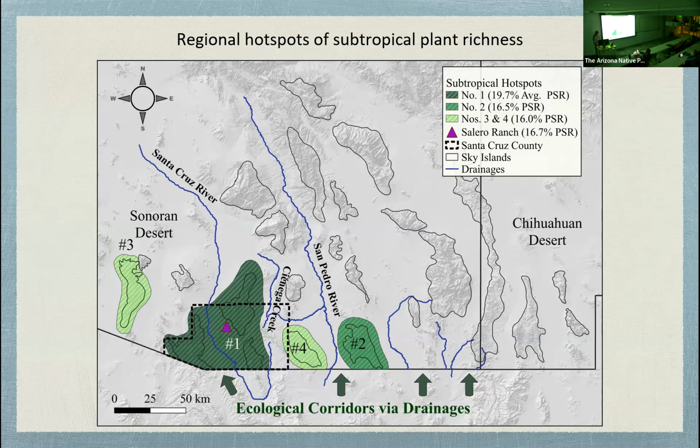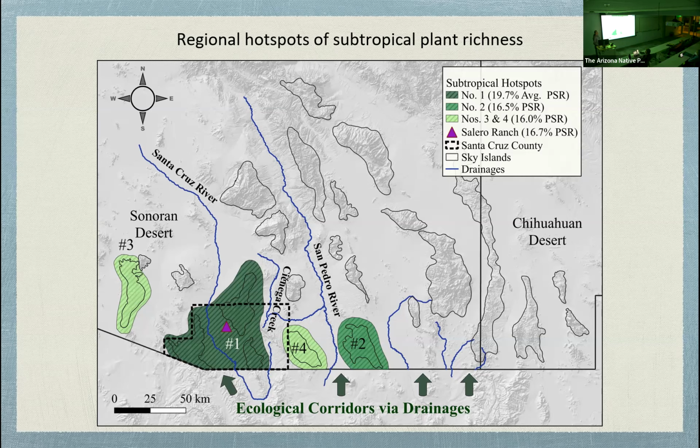I looked at her whole flora and applied how we define subtropical plants, and the proportion of subtropical richness in her flora at the ranch outside of her house is 16.7%, which is greater than the Huachucas, the Mule Mountains, and the Baboquivaris. It's rather shocking, but then again, it's not, because it's in Santa Cruz County, located right in between the Santa Ritas.